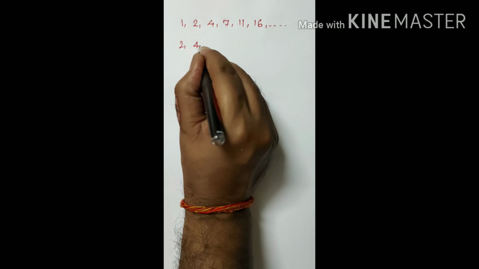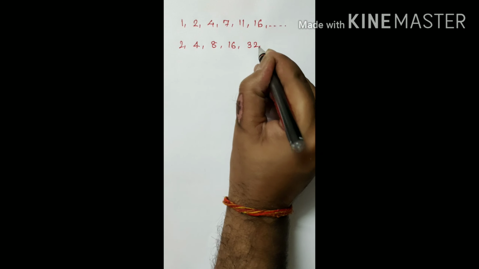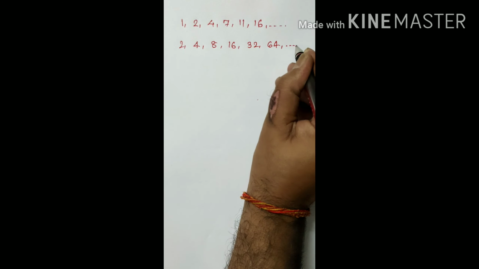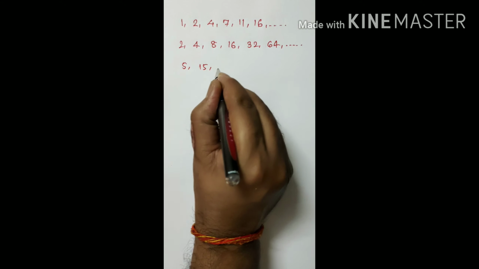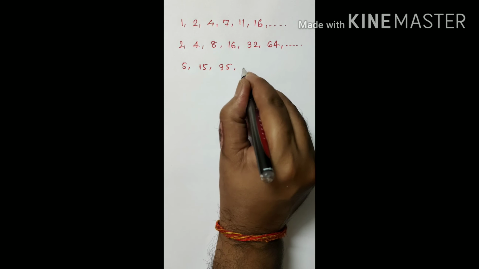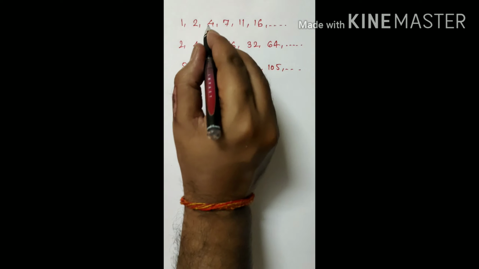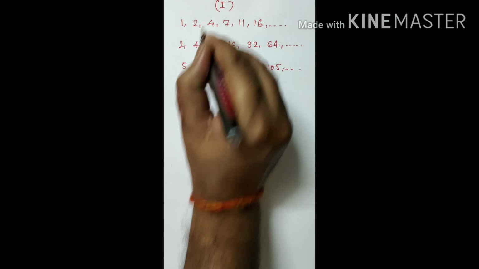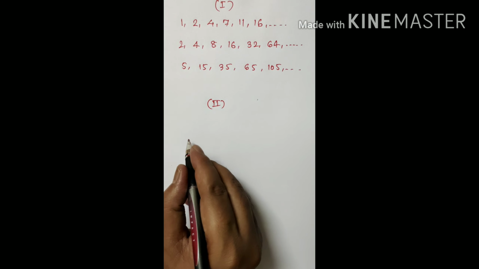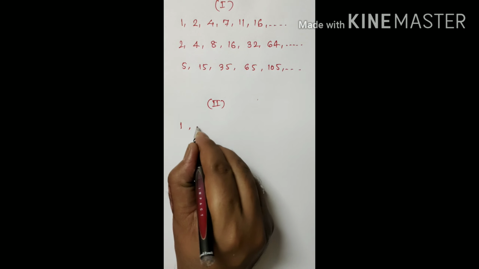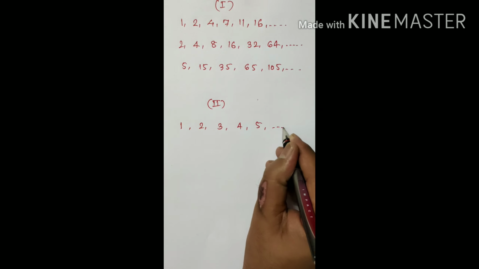2 4 8 16 32 64 and so on student. 5 15 35 65 105 and so on. This is the first case we are going to discuss, and this is the second case we are going to discuss. So in the second case I will write the natural numbers 1 2 3 4 5 and so on.